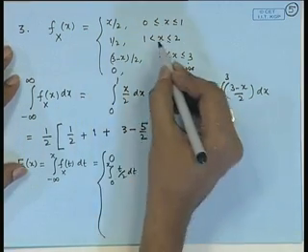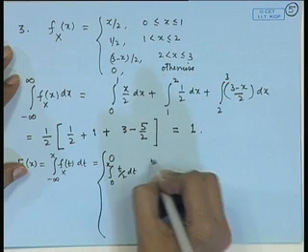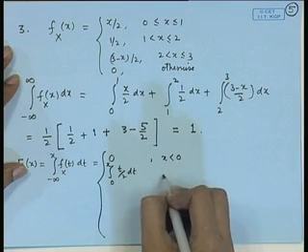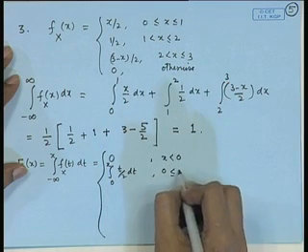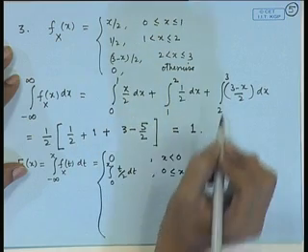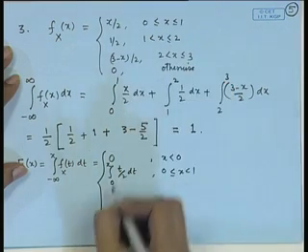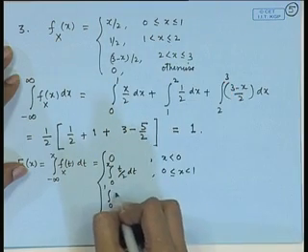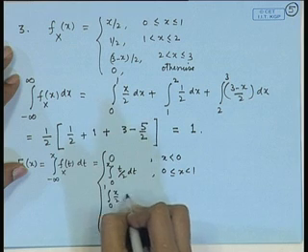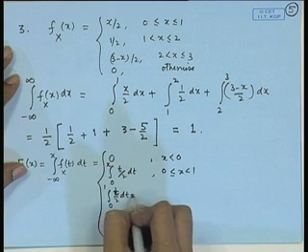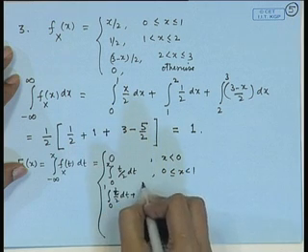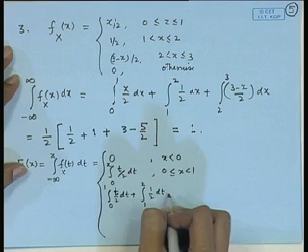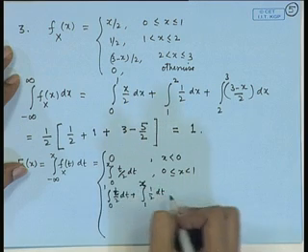So this is for x less than 0, for x between 0 and 1, we have this term, for x between 1 and 2, we have integral 0 to 1 t by 2 dt plus 1 to x half dt.